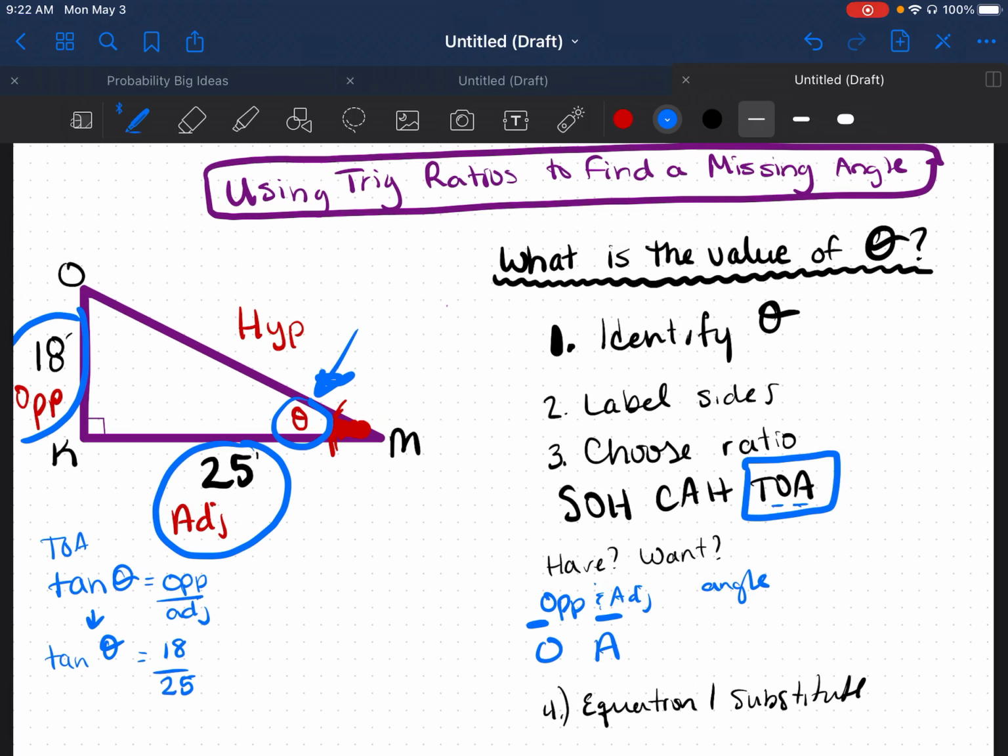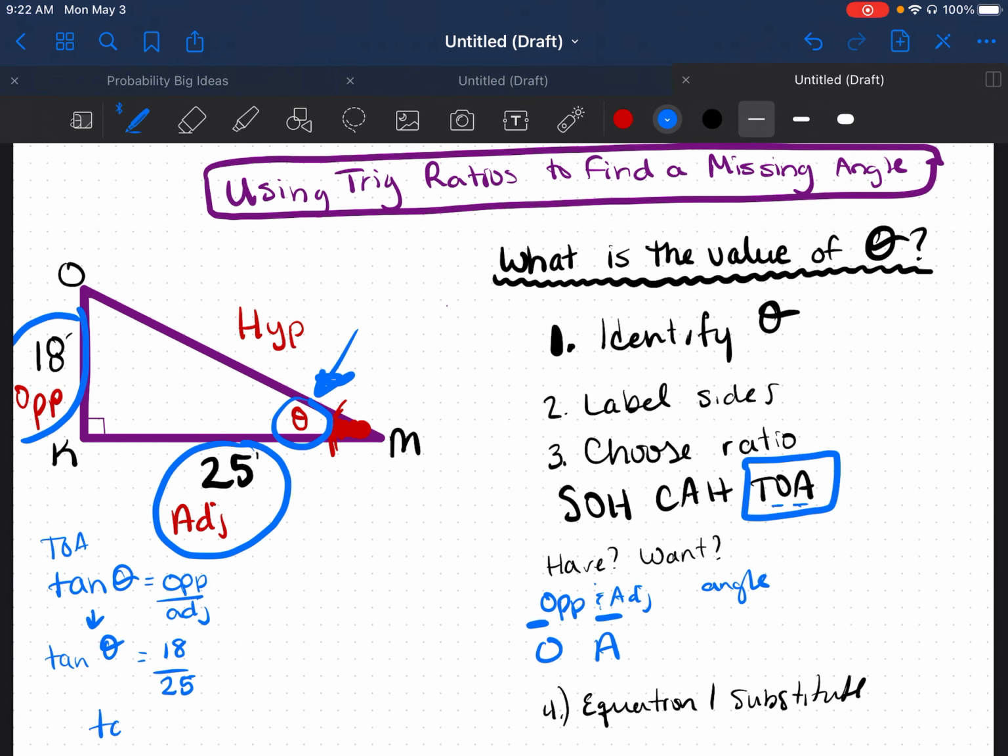Now, this is where the process changes from what you already know. If I want to find the angle here, what I'm going to do is find the inverse of tan.